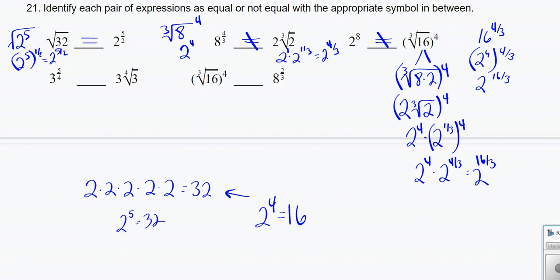All right, next one, 3 to the 5/4 and 3/4 root of 3. So I'm going to convert this one to an exponent and just see what happens. Put it in exponential form. 3 to the 1st times 3, well, what's going on here? This 3 is to a power, the power is 1, and then the root, the 4th root, is a 1/4 power.